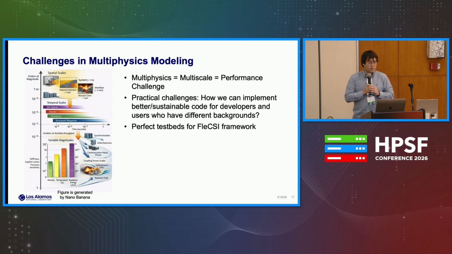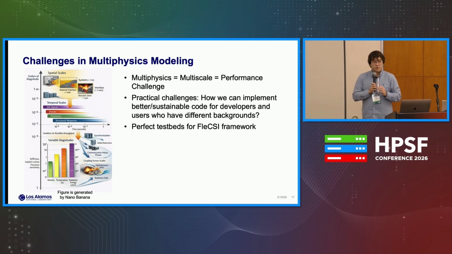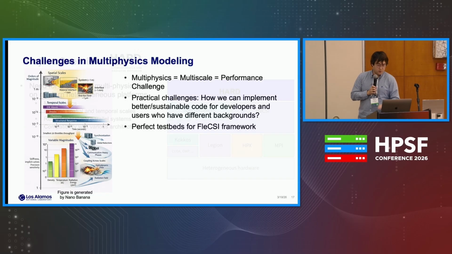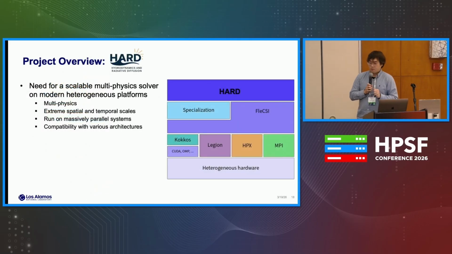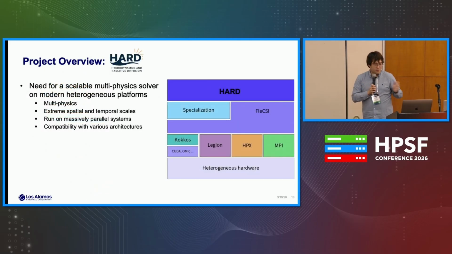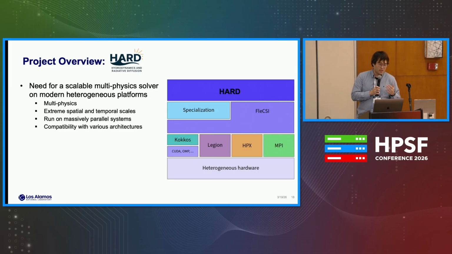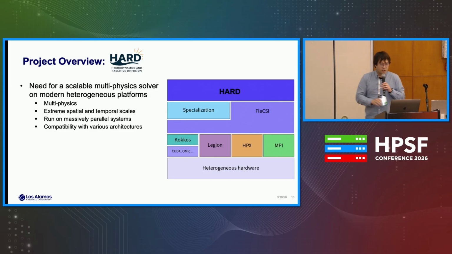And that's where FleCSI will be a really perfect testbed framework. So we developed our code, the name is HARD, because everything is hard, but at the same time, HARD stands for hydrodynamics and radiative diffusion.